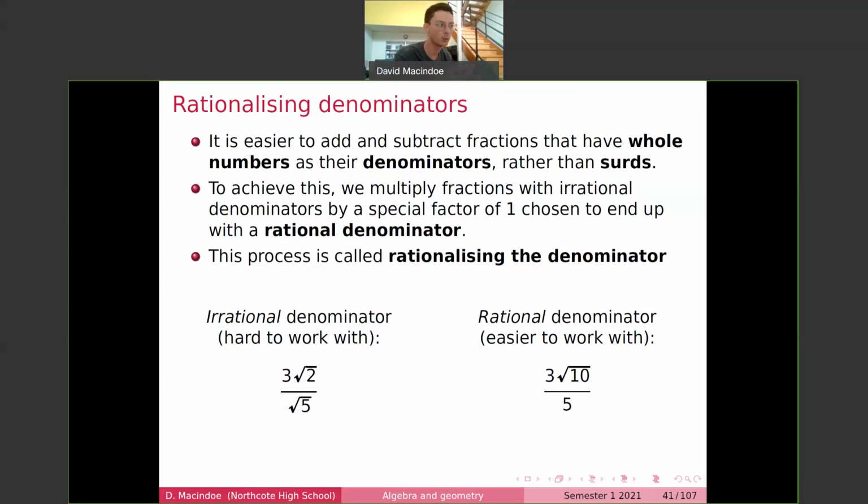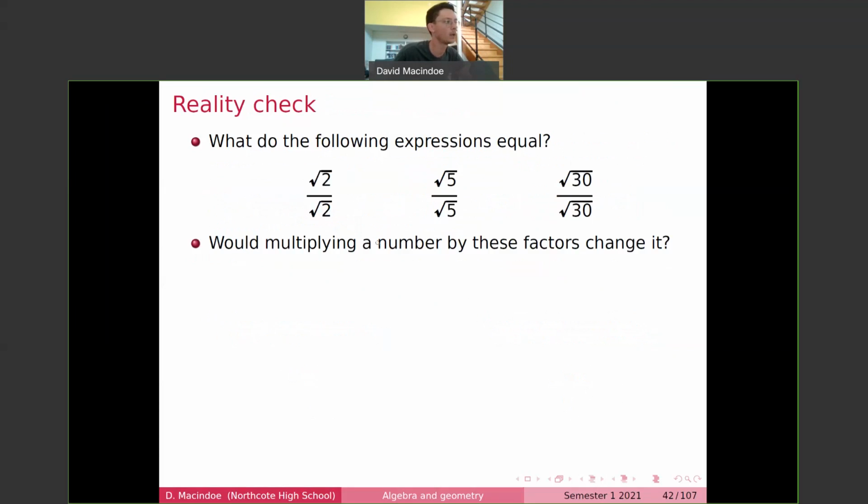The reason we do that, well, let's have a quick look at the factors of 1 that we're talking about. If you look at this one, it's got a surd on the bottom, difficult to work with. This one, no surd on the bottom, easier to work with. If you think about all of these factors, they all look different, don't they? Root 2 on root 2, root 5 on root 5, root 30 on root 30.